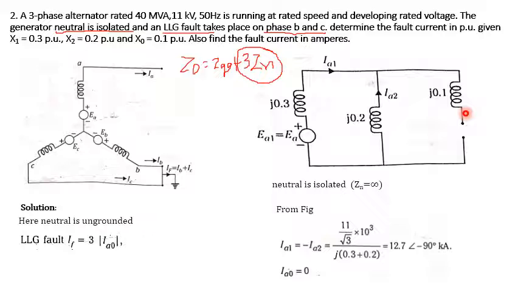So our intention is to calculate the actual fault current, because the fault takes place as a double line to ground fault. So we know the expression for the fault current for a double line to ground fault: IF is equal to IB plus IC. But here we don't know IB and IC directly.